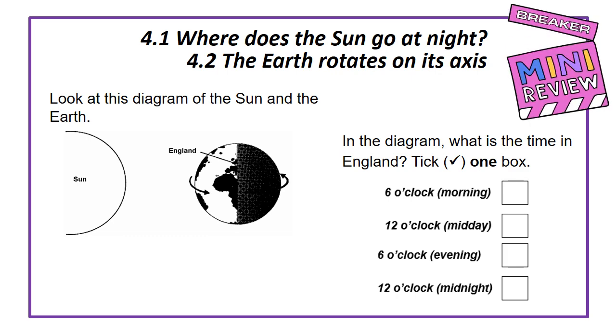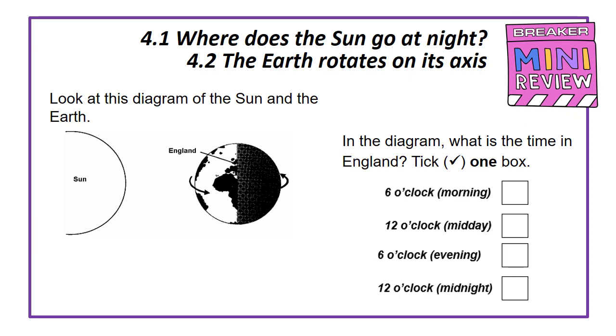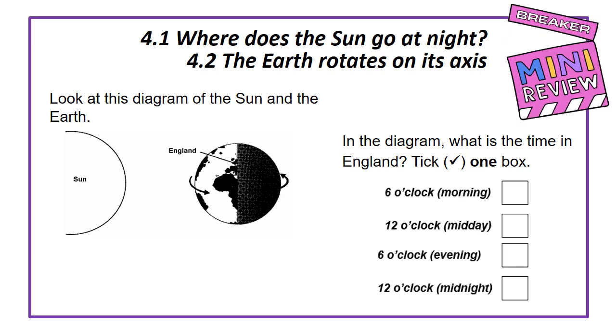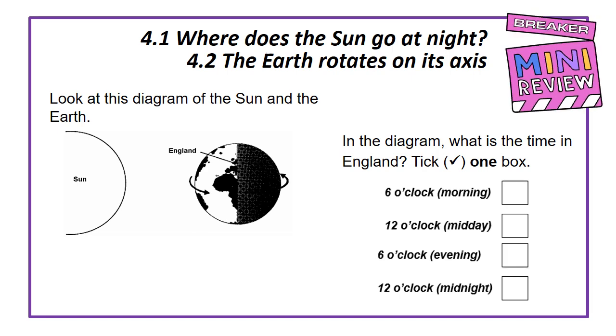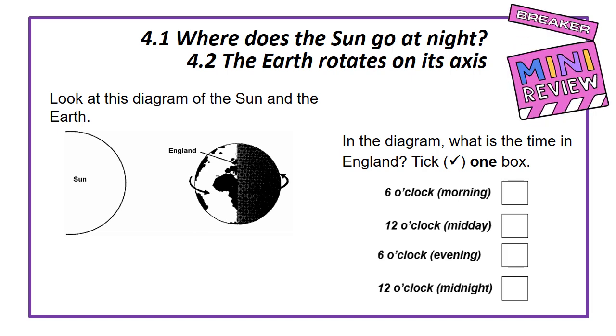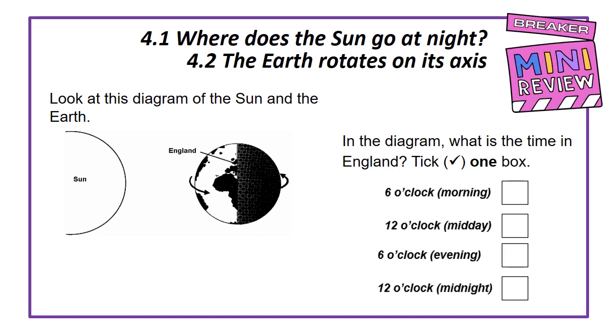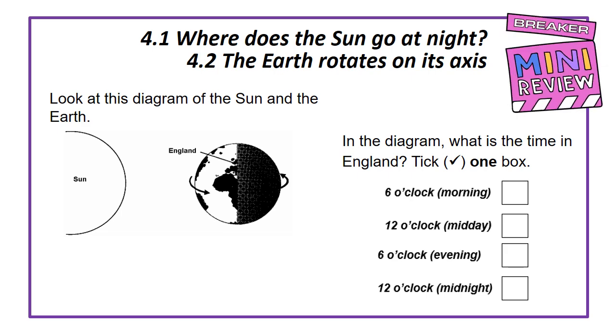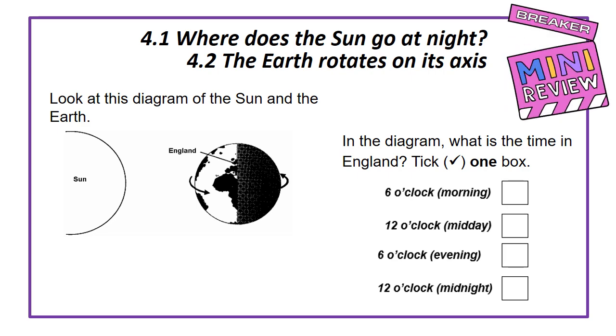Then secondly, is the direction of the rotation from day to night or from night to day? If you observe the arrows that represent the directions of the rotation, the Earth rotates from day to night if we refer to England.